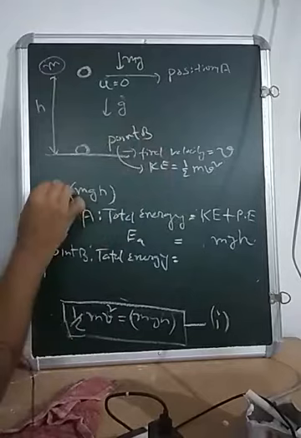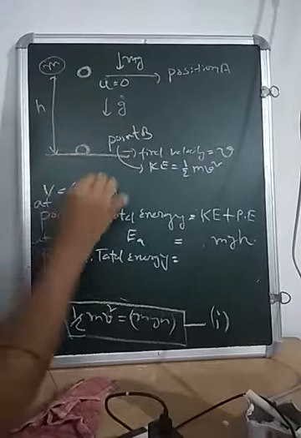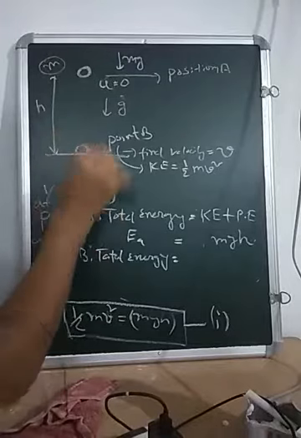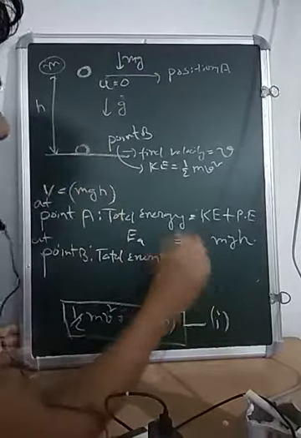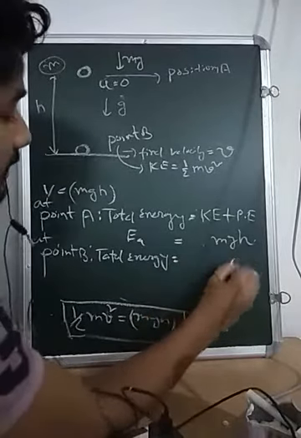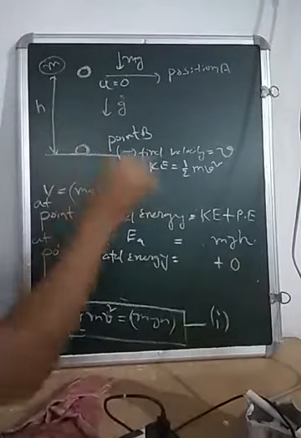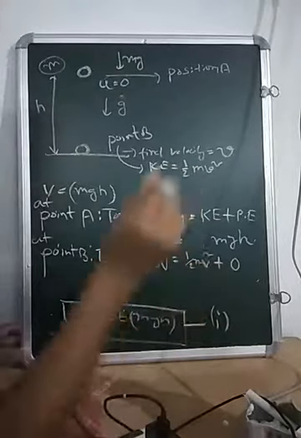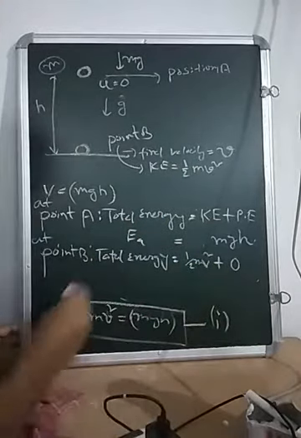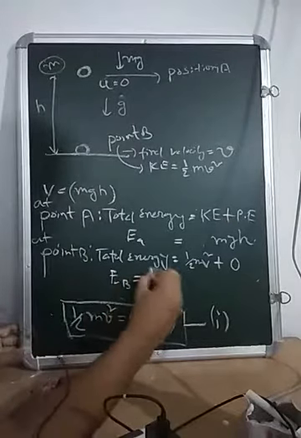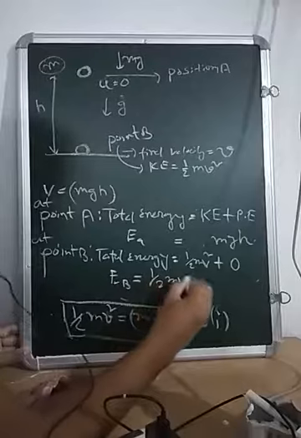So potential energy at point B is m g into height 0, which is 0, plus kinetic energy, which is half of m v square. So at point B, total energy E B is equal to half of m v square.